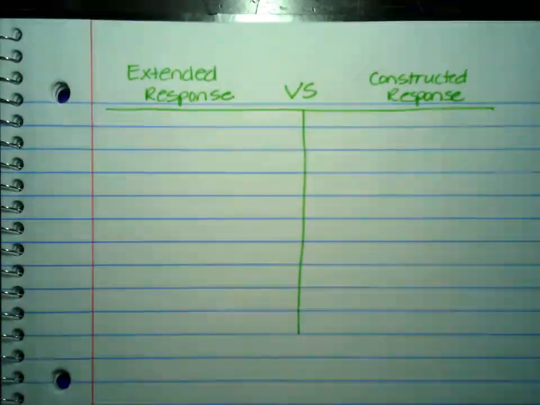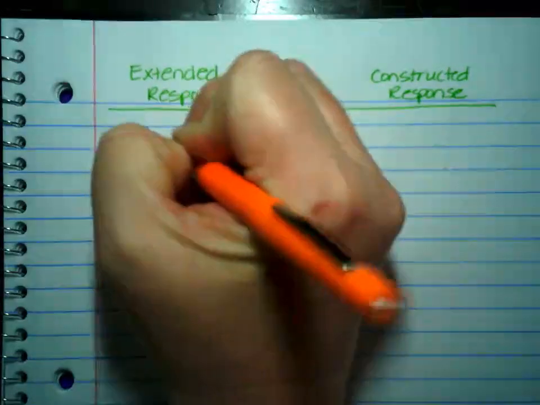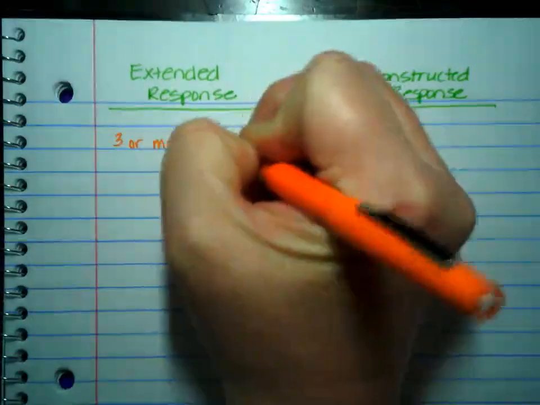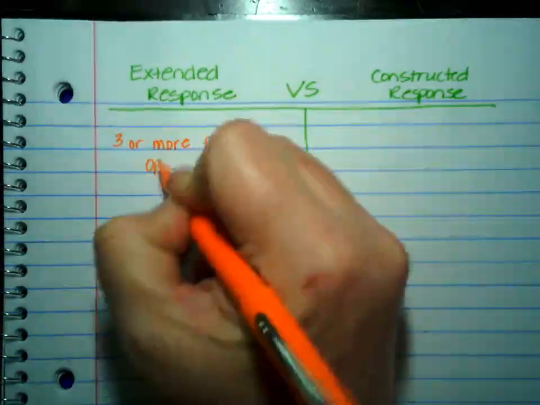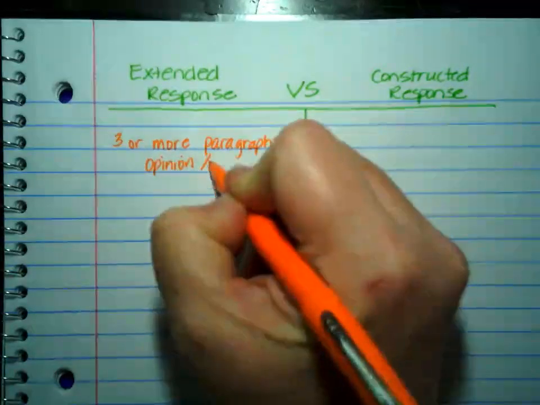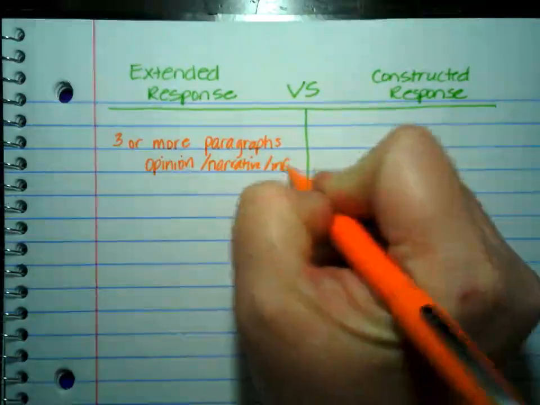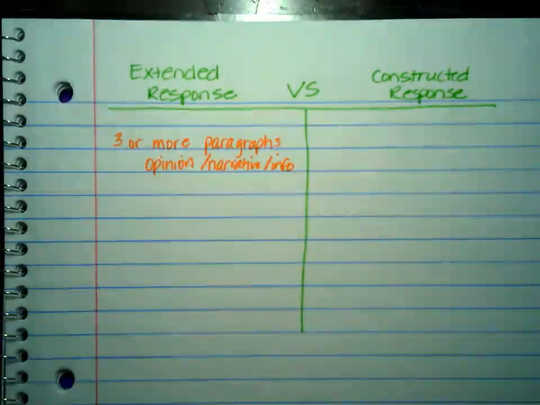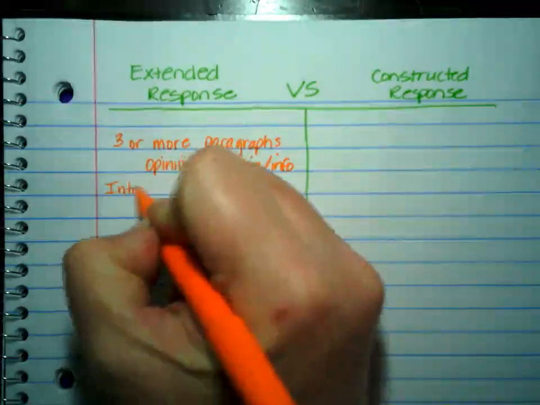So the first thing I want to talk about is the characteristics of each of these responses. With an extended response, you're going to have three or more paragraphs. These are going to be your opinion, narrative, and information writing pieces. Okay. An extended response would also be structured with an introduction.